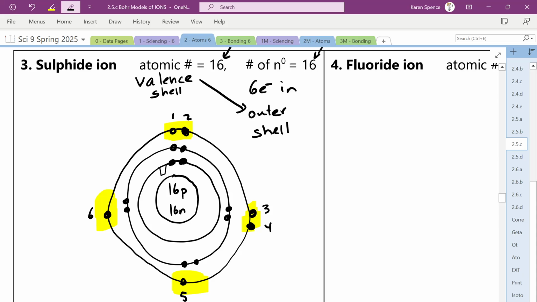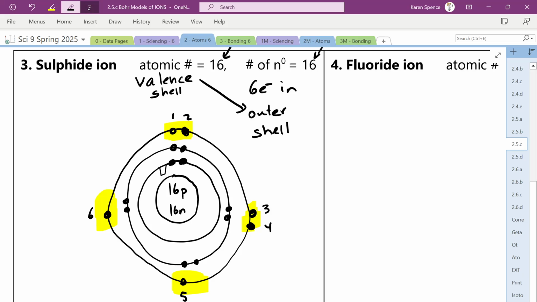How many electrons would fill the valence shell? 8 is full. So it would only take 2 to fill it up, or we would have to take away 6. What's going to be easier, adding 2 or taking away 6? Adding 2.